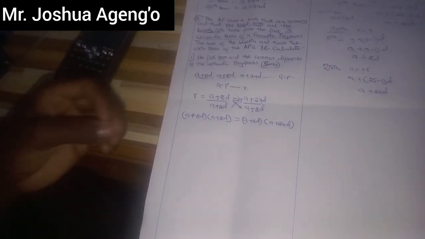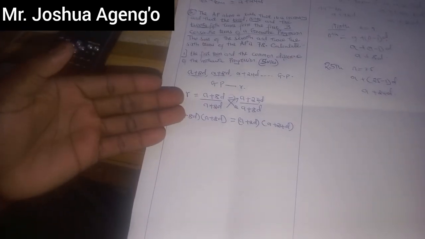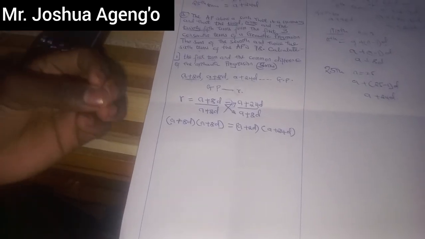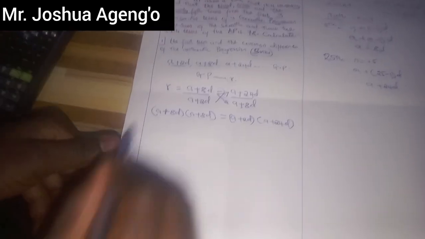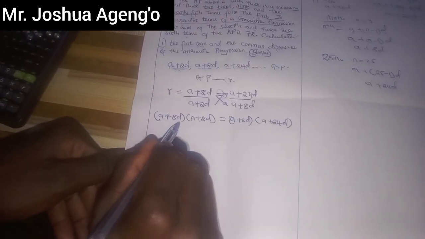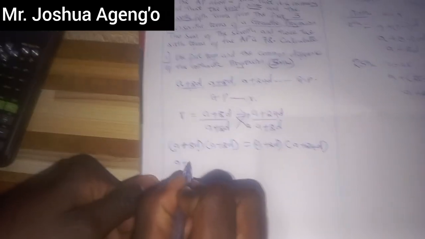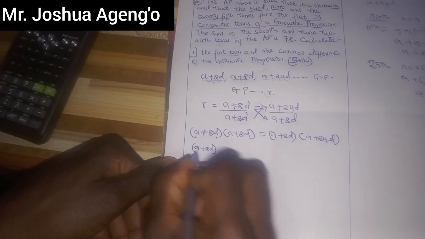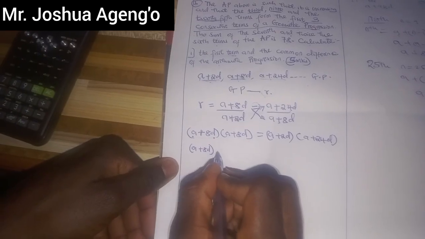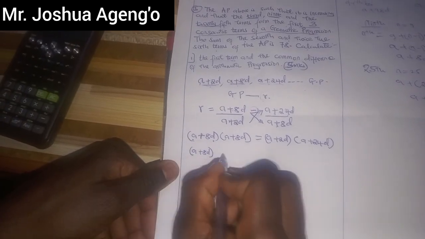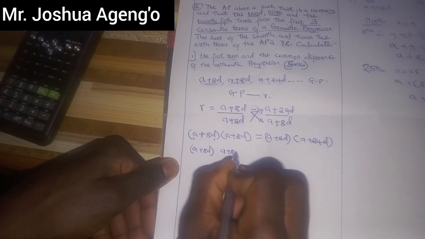There are various ways of opening or expansion, but now I want to use the manual way so that you understand it better. In the manual way, you take one bracket like this, you write it twice, so I'll take a plus 8d, a plus 8d. I write it twice such that I leave a space here at the center. So I'll have a plus 8d. I write it twice. Again, a plus 8d.